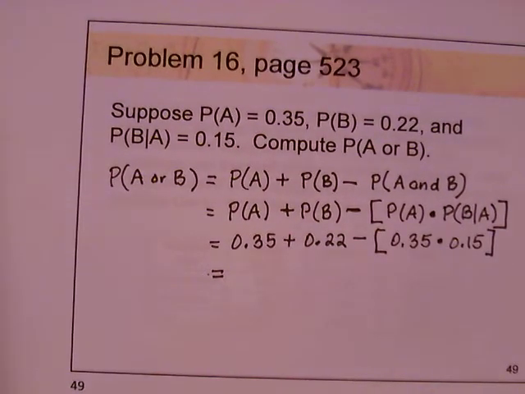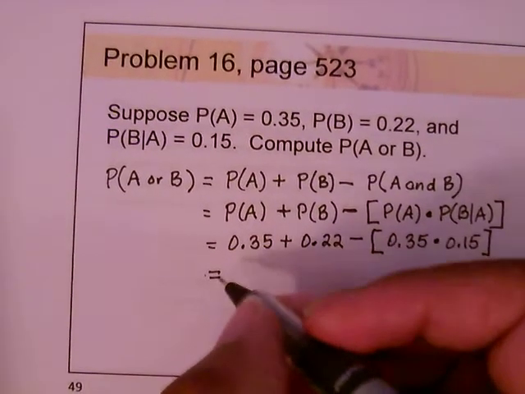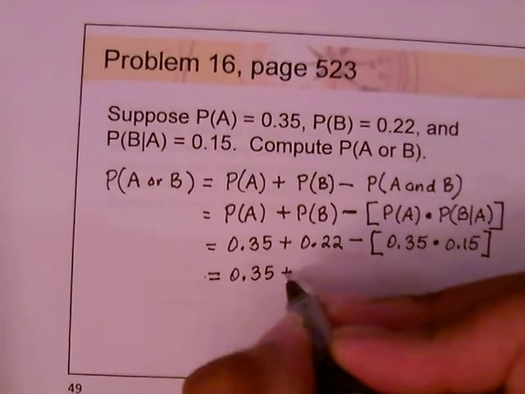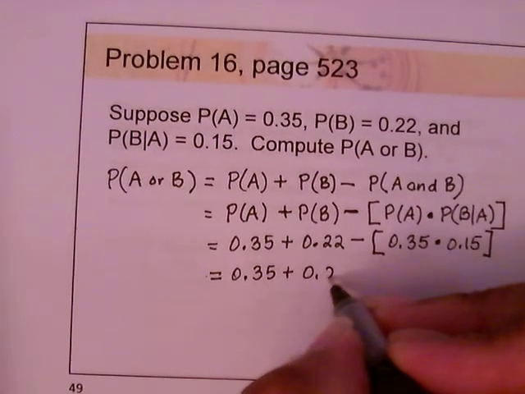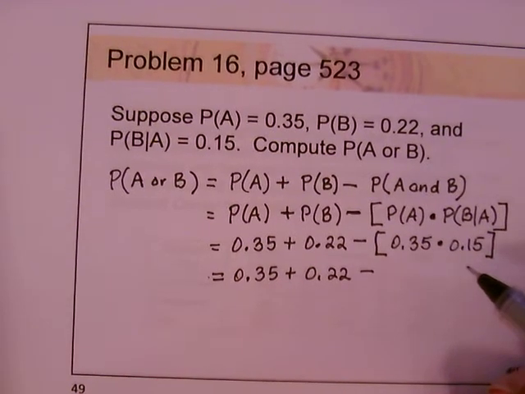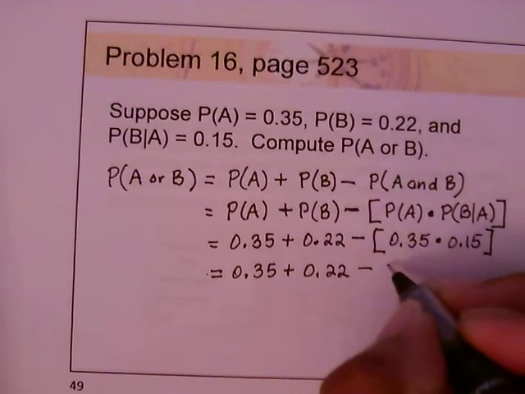Okay, now I'm going to simplify what's in the bracket. If I multiply 0.35 times 0.15, that's going to be 0.0525.